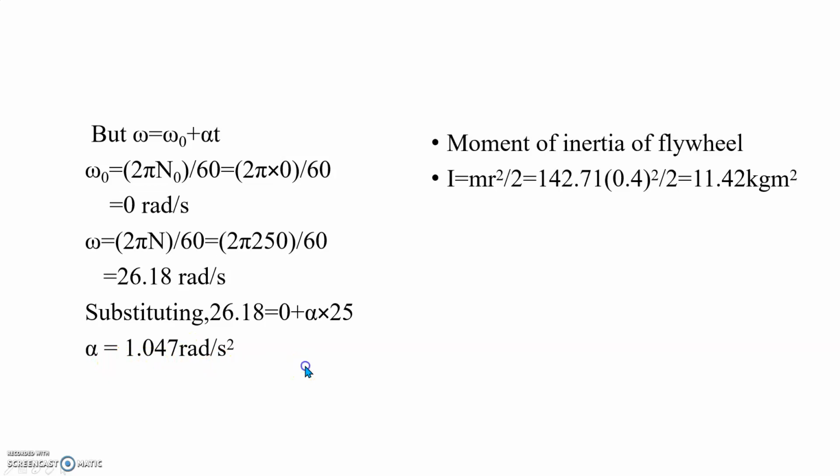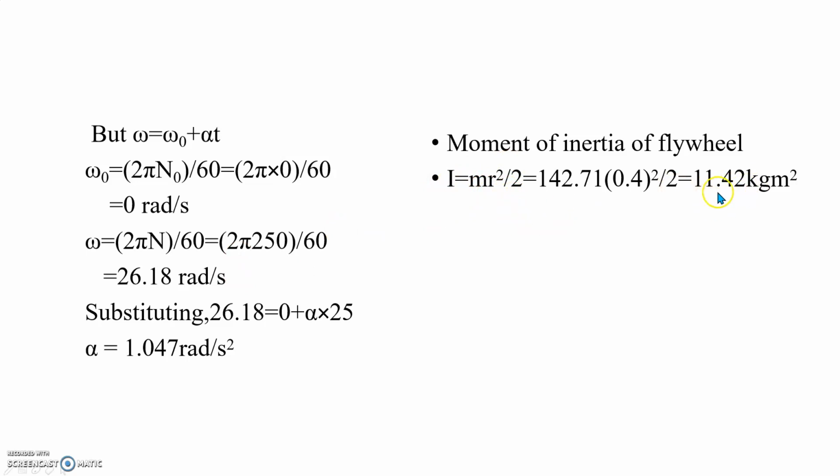Now moment of inertia of flywheel here is I equal to mr square by 2. This is another relation for mass moment of inertia. Here we have given the object as a flywheel. Flywheel is nothing but a circular disc, so mass moment of inertia for circular disc is half mr square.